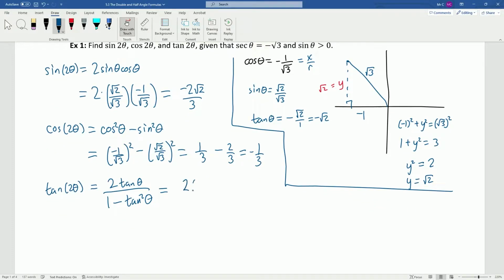So this becomes 2 times negative root 2 divided by 1 minus negative root 2 squared. That's negative 2 root 2 over 1 minus, and when I square this, I just get a positive 2. So 1 minus a 2. That becomes negative 2 root 2 over negative 1. The negatives cancel, and that's 2 root 2.